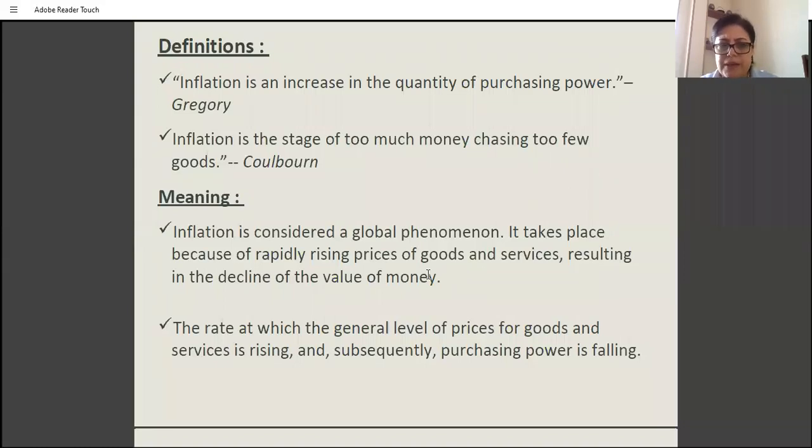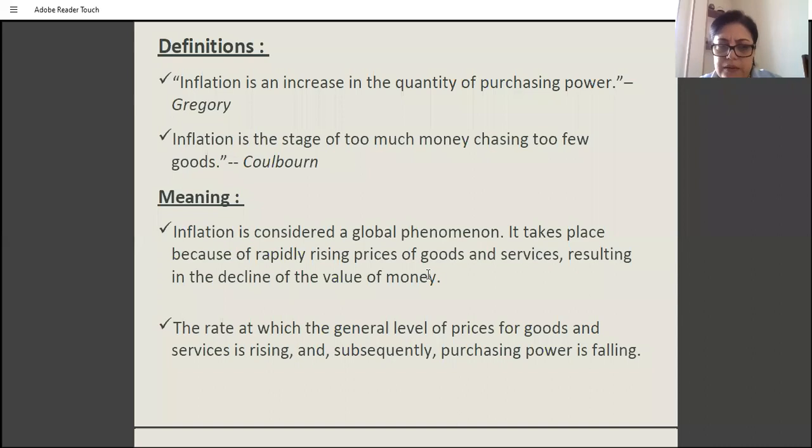So basically, we can consider inflation a global process, a global phenomenon, and it takes place because of an extremely great increase in the prices of goods and services from one side, as I mentioned before, and this process results in the decline of the purchasing value of money.